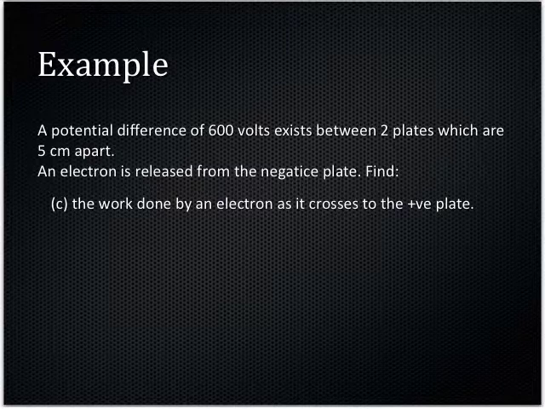What's the work done by the electron as it reaches the positive plate? Oh, there's a spelling mistake there too. Okay, so what's the work done? Well, you've got that formula from before. Remember, we had work equals force times distance, but the force is EQ, times d, like that.